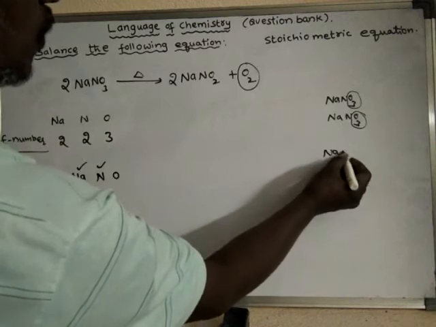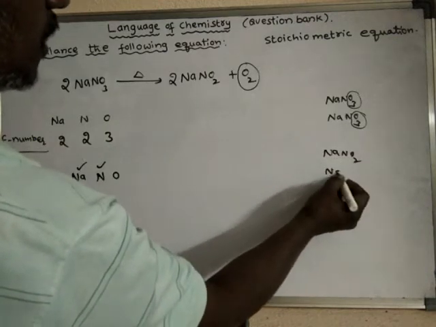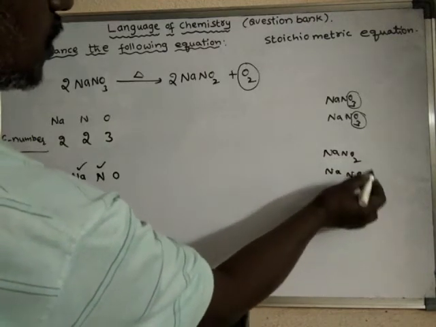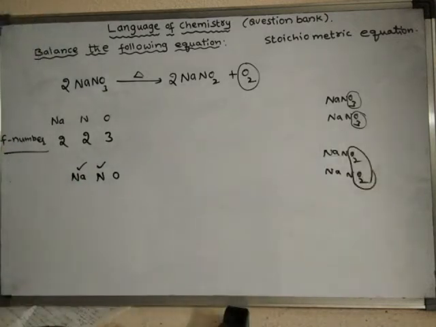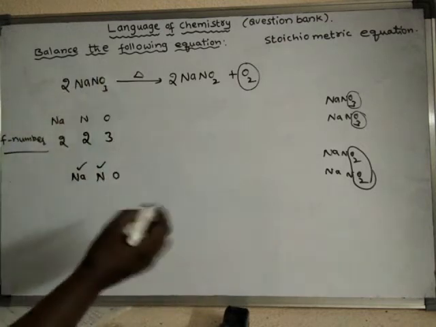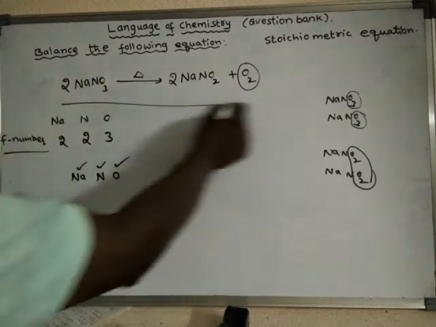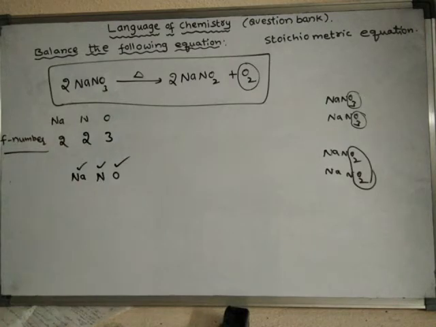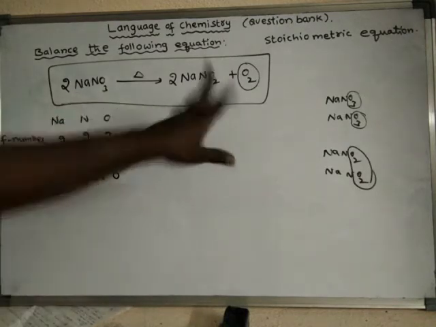One NaNO2 contains 2 oxygen atoms, and another NaNO2 also contains 2 oxygen atoms. So altogether there are 4 oxygen atoms. So here 4 and here 2, 6. That means oxygens are also balanced. Now this is said to be a balanced chemical equation, or else a stoichiometric equation. So in this way this equation can be balanced.